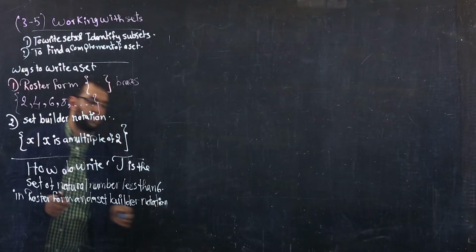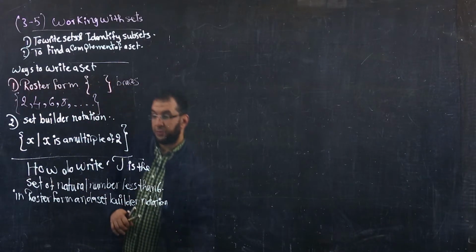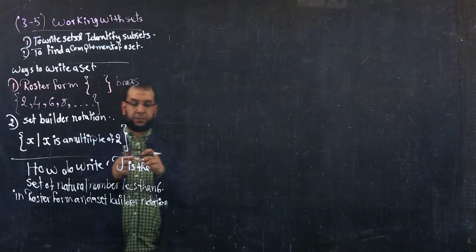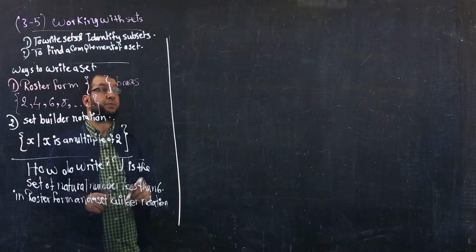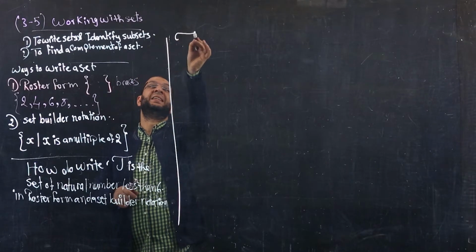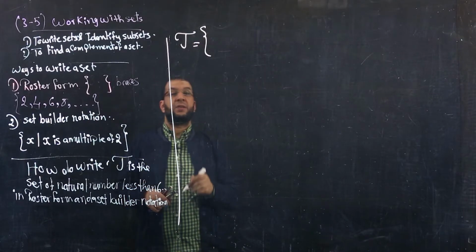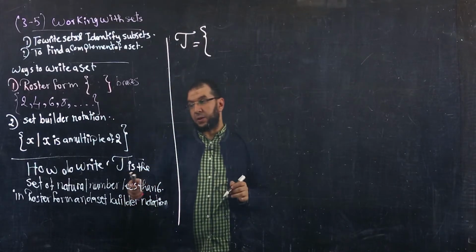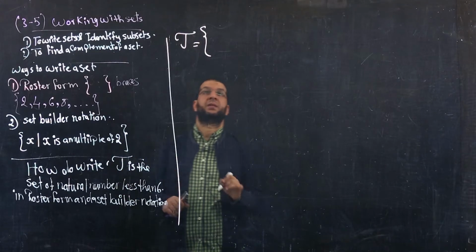In Roster Form, I will write T capital like this, and I will open braces. Then I list the natural numbers less than 6.